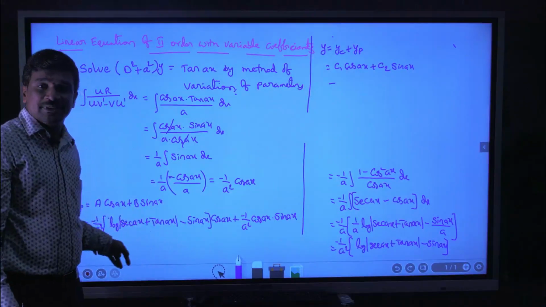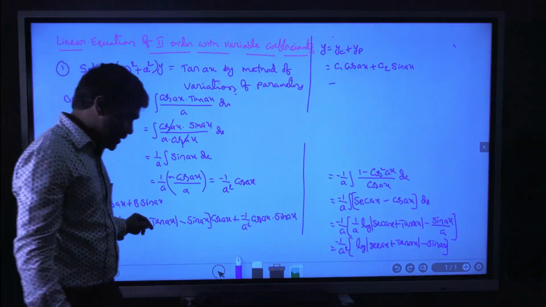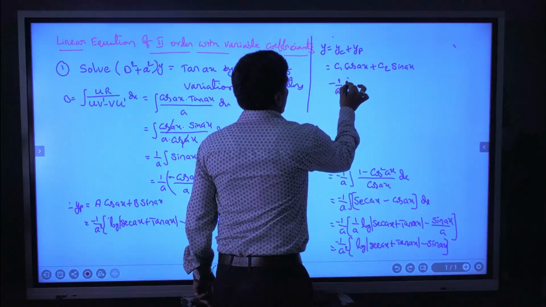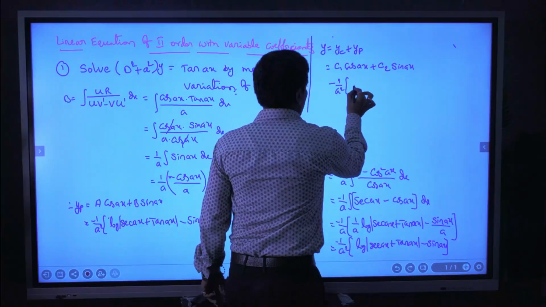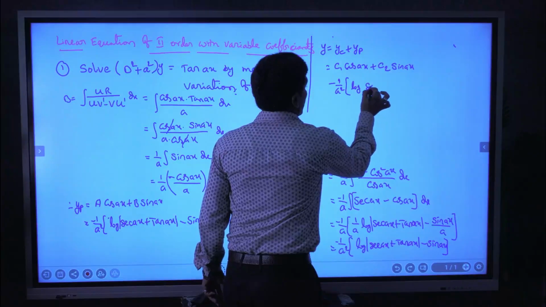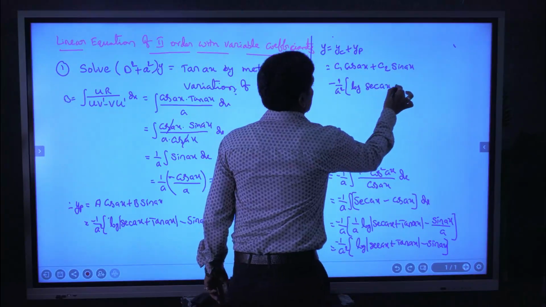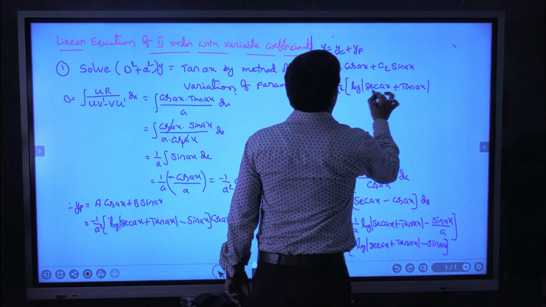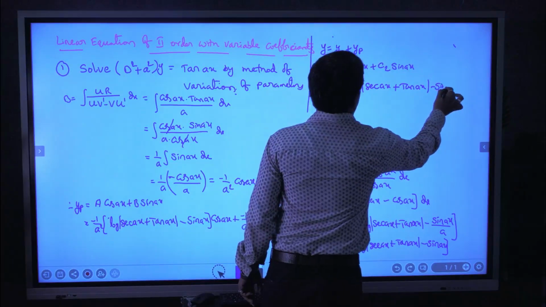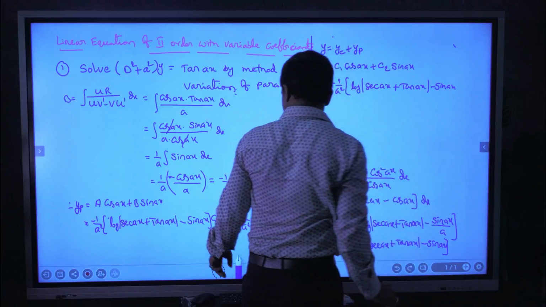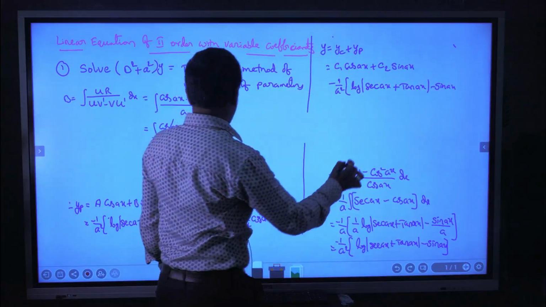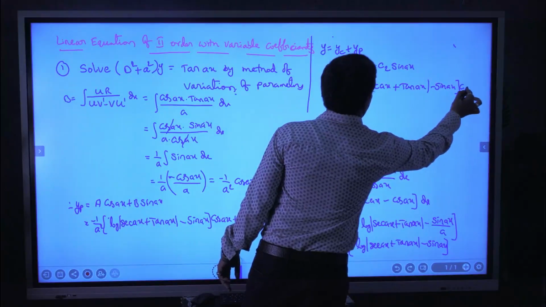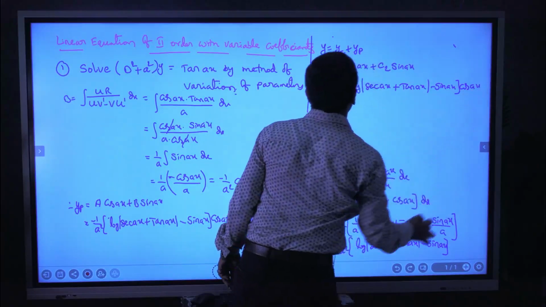So minus 1 by a square is the common term. So write minus 1 by a square into, logarithm of secant ax plus tan ax minus sin ax, into cos ax.